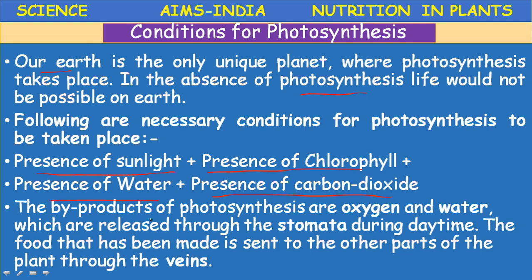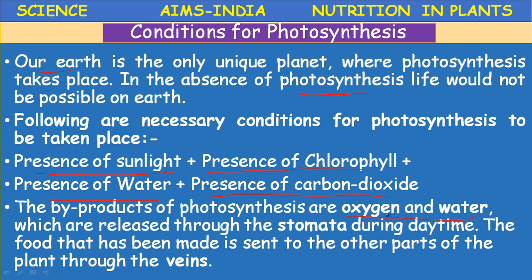The byproducts of photosynthesis are oxygen and water. In the reaction we studied yesterday, let us recall: 6CO2 plus 12H2O gives rise to C6H12O6 plus 6H2O plus 6O2. So the main product is glucose.